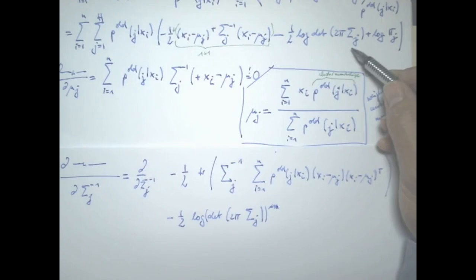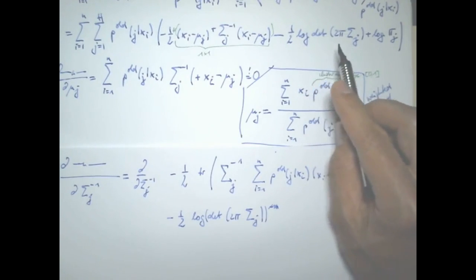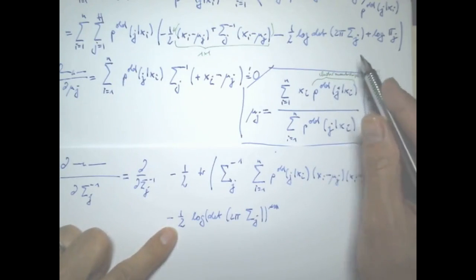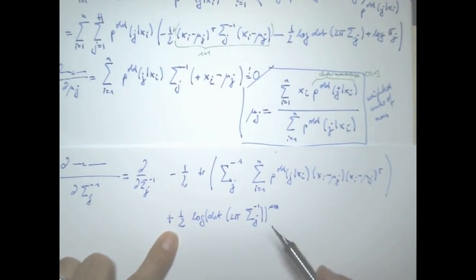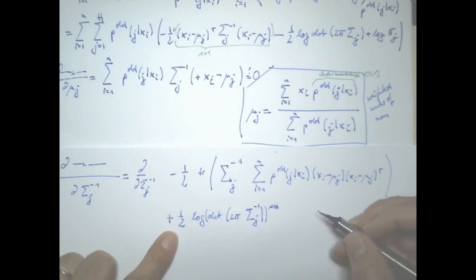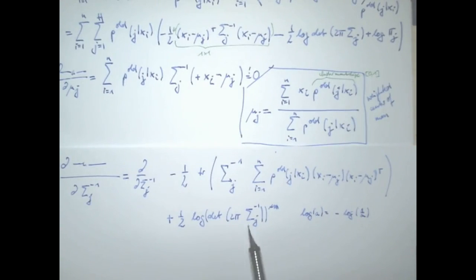But I could write a plus here and a -1 there, because the log of A is minus the log of 1 over A.